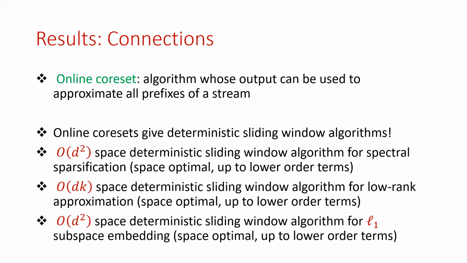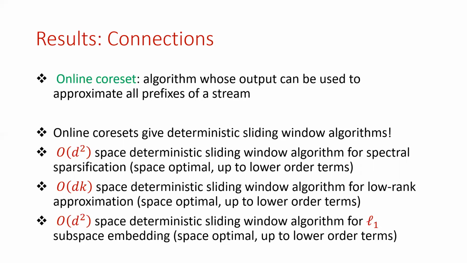Moreover, we display a connection between online algorithms and sliding window algorithms in the other direction by showing that if we have an online algorithm, these often yield what we call an online core set, which is an algorithm whose output can be used to approximate all prefixes of a stream.